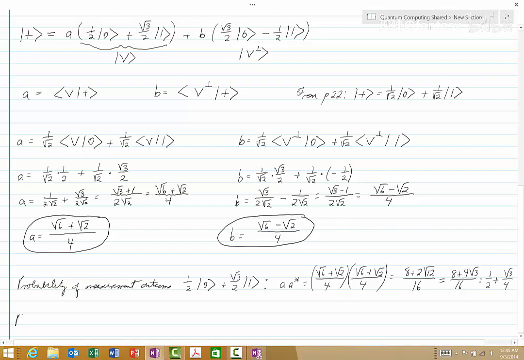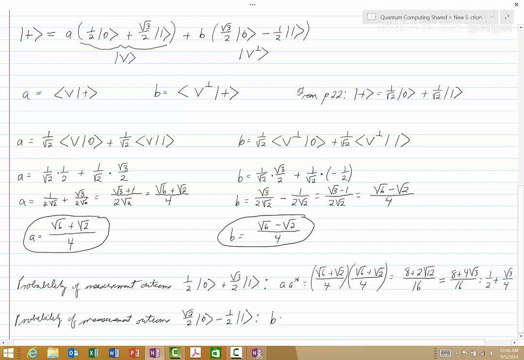And the probability of measurement outcome square root of 3 over 2, 0 minus 1/2, 1.